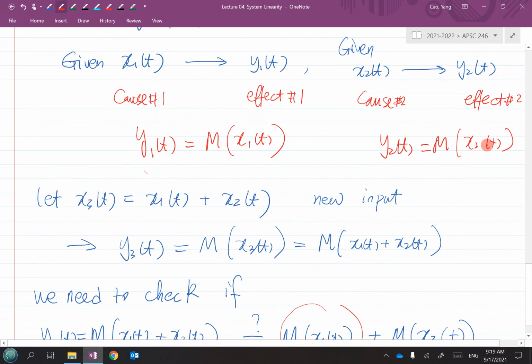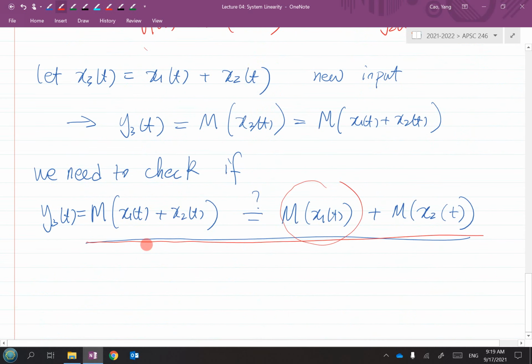So the idea is: does the system's output, when the input is the addition of the original two inputs, produce the same output as the addition of the original two outputs? I'm wondering if that's a clear description of what this means.